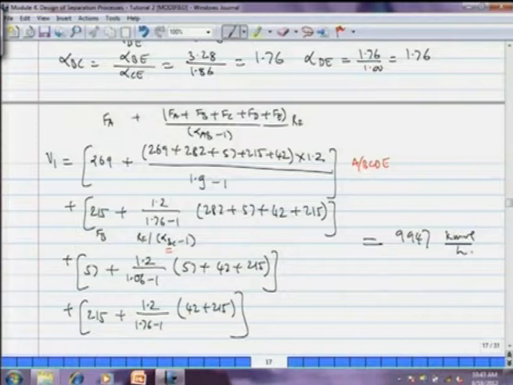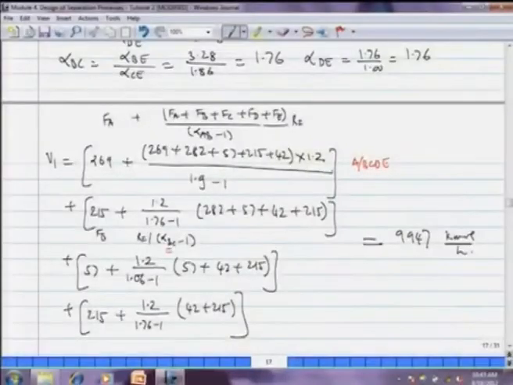Remember this very thoroughly, that whenever you are splitting between adjacent components, you have to take the relative volatility between those components and not the volatility which has been given to you. The volatility which has been given to you is with respect to the heaviest component.